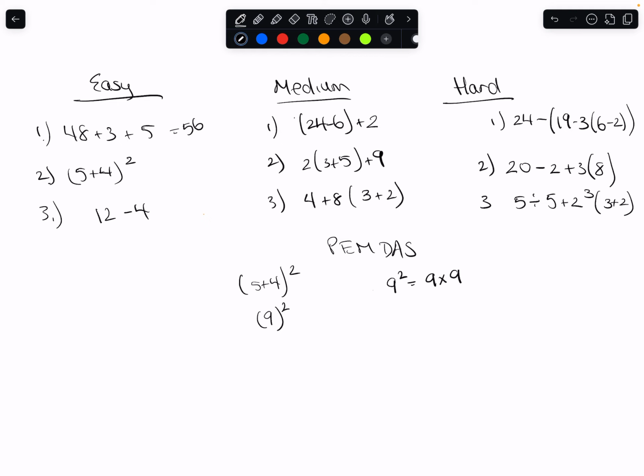It is 2 nines being multiplied. That's what it's saying. It is not 9 times 2. This is wrong. 9 to the second power means 9 times 9. And what's 9 times 9? 81. So the answer for this question is 81.